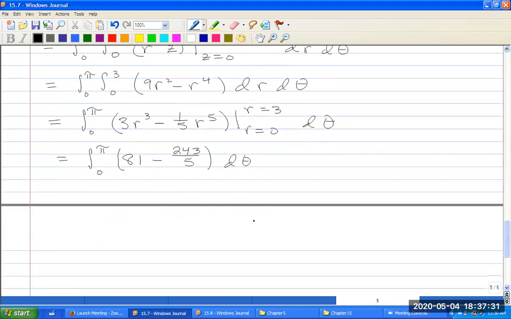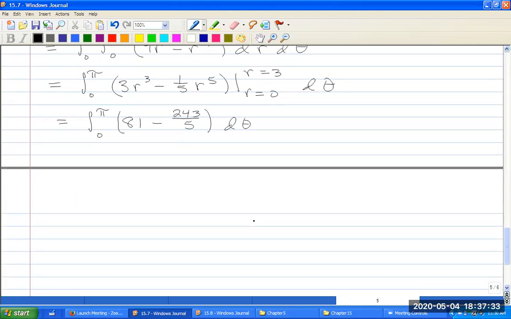So this is equal to 405 over 5 minus 243 over 5, which is 162 over 5, d theta.